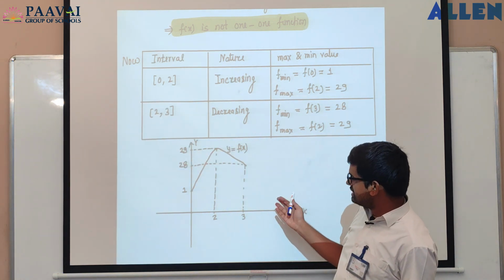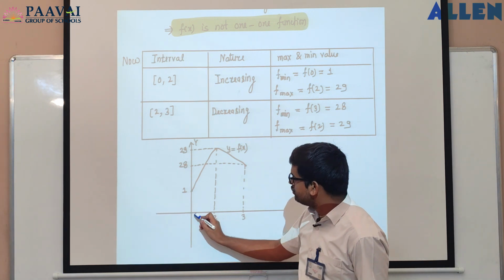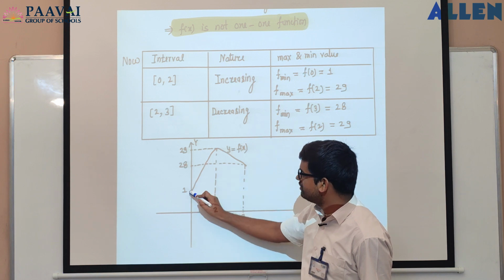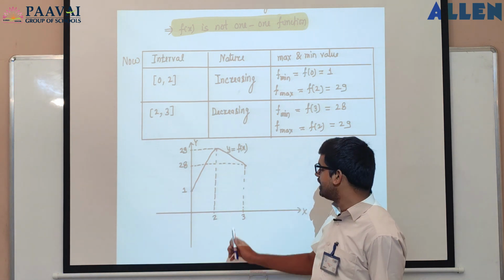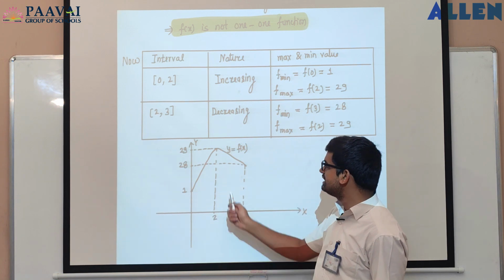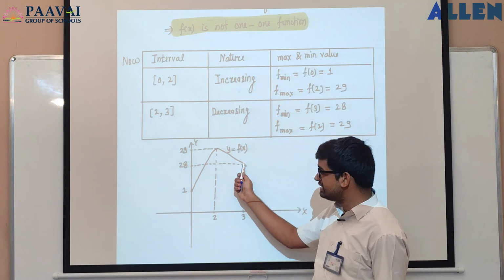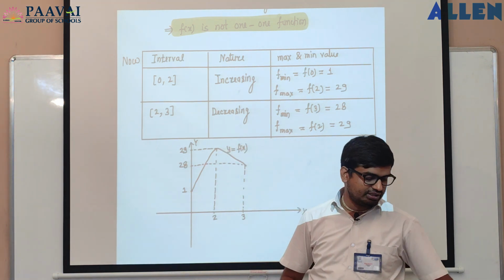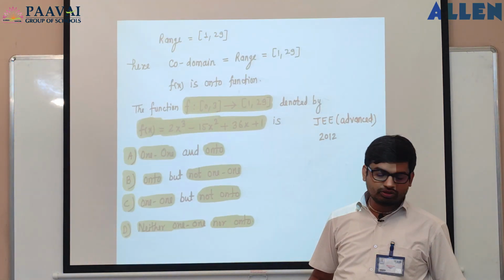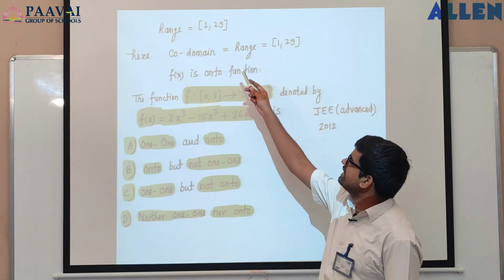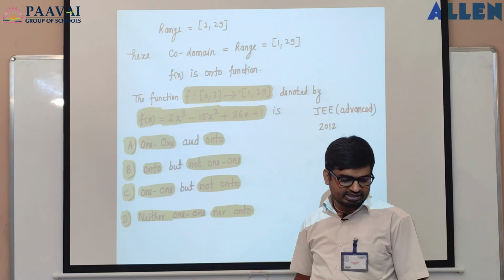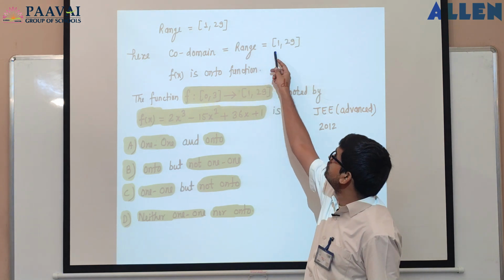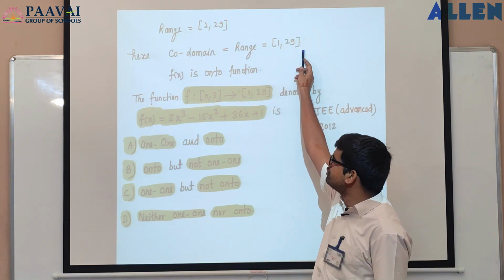Now let us look at this graph. When I take the interval 0 to 2, f(x) is increasing and its value varies from 1 to 29. When you take x from 2 to 3, this function is decreasing, so the maximum is f(2) and the minimum is f(3). From the graph, it is obvious that the range of this function is [1, 29]. So the codomain and range are both the closed interval [1, 29].